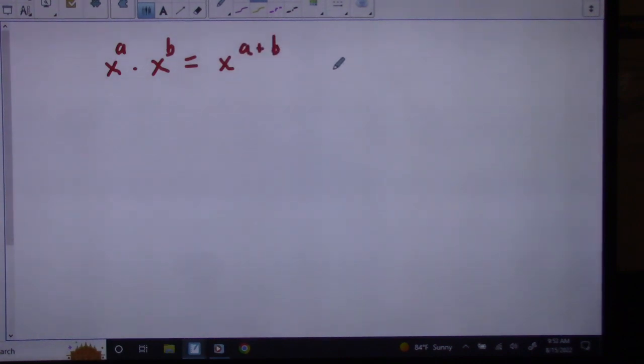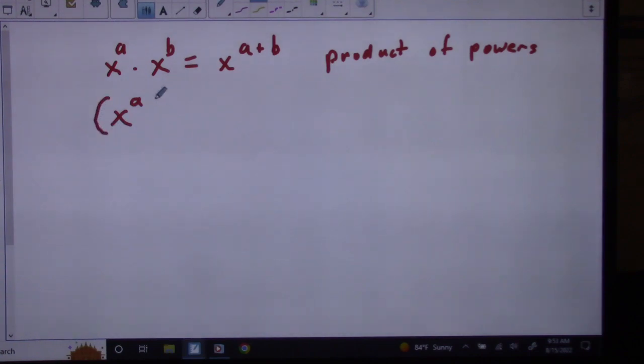Okay, this is called product of powers. That's what that one is called. Okay, does anybody know what this one is? I'm going to put here x to the a, to the b. What is this one going to be?